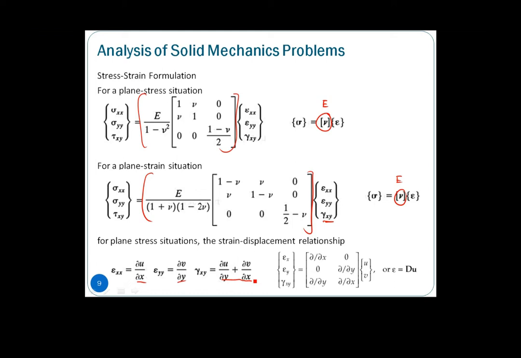With this relationship, we can make use of these strains later on with the energy methods to formulate solid mechanics problems. In another way, we can also write epsilon x, epsilon y, gamma xy in matrix form: del u, del x, del v, del y, and del u, del y plus del v, del x. You can represent it in this particular form.